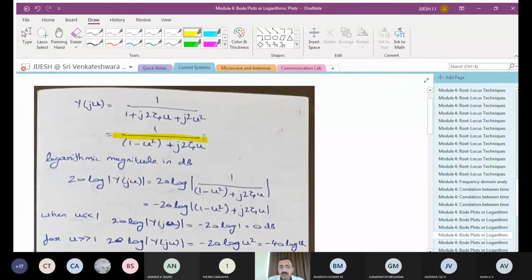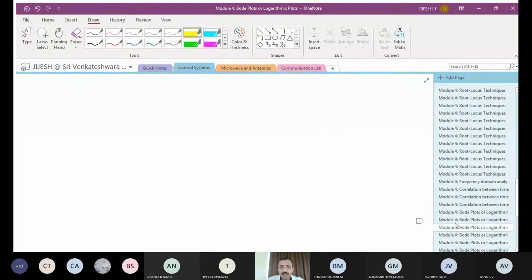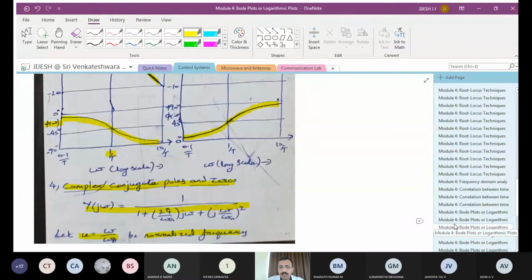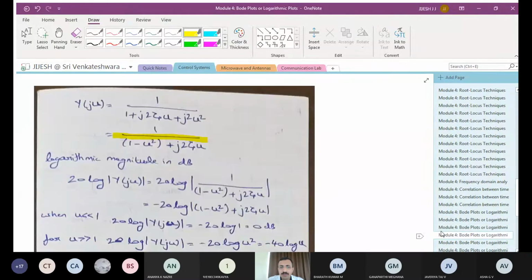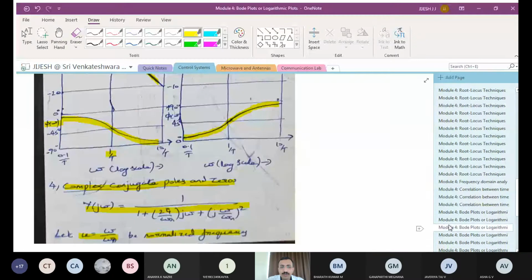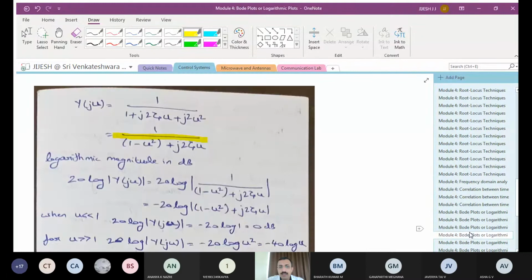We are discussing the complex conjugate poles and zeros. Just now I explained u is equal to omega divided by omega n, so in place of omega by omega n I am going to use u. So Y of ju is equal to 1 divided by 1 minus u square plus j 2 zeta u.